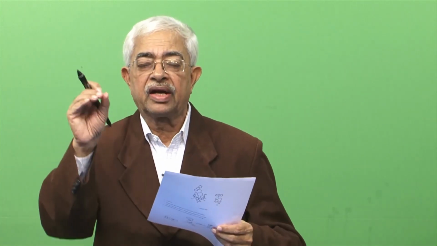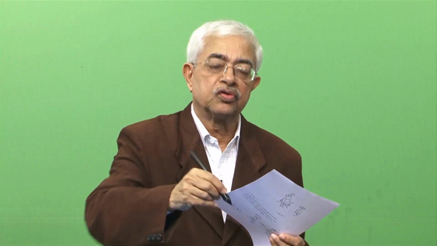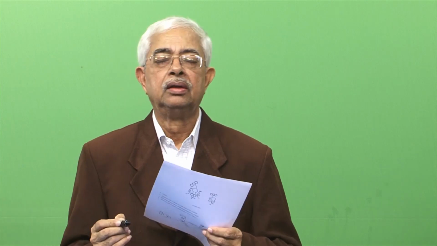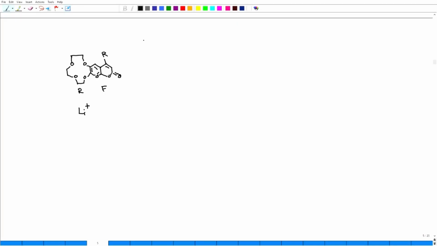But that drug has to be administered carefully. I cannot put lithium in kilos, then the person will die. But how much lithium? Lithium is optimum within this window, 0.6 to 1.2 millimoles, and it depends upon the body weight of the person and all that.